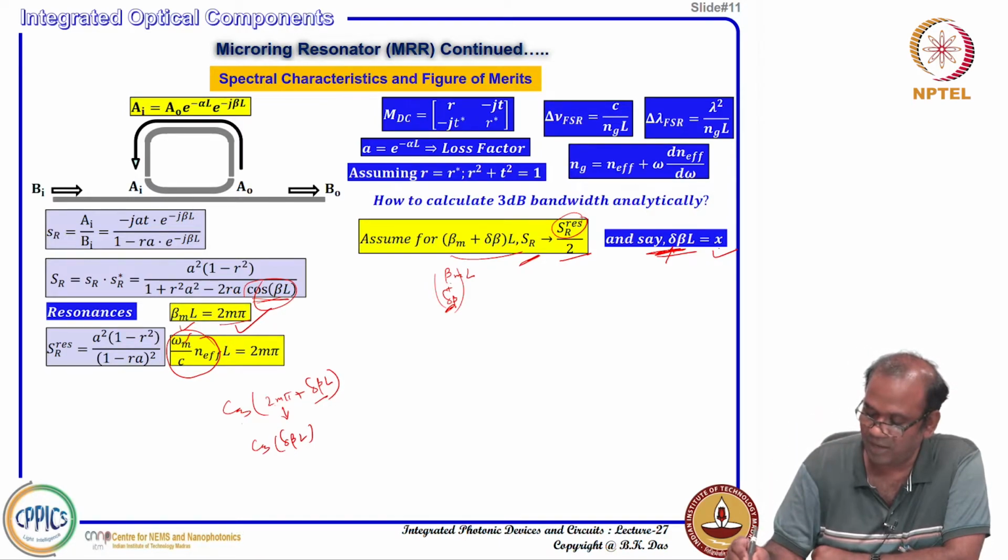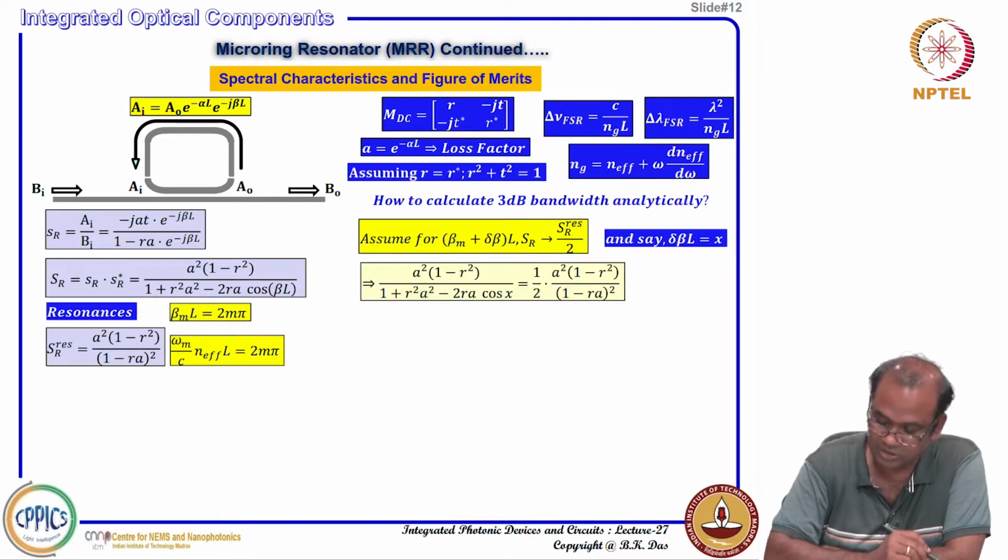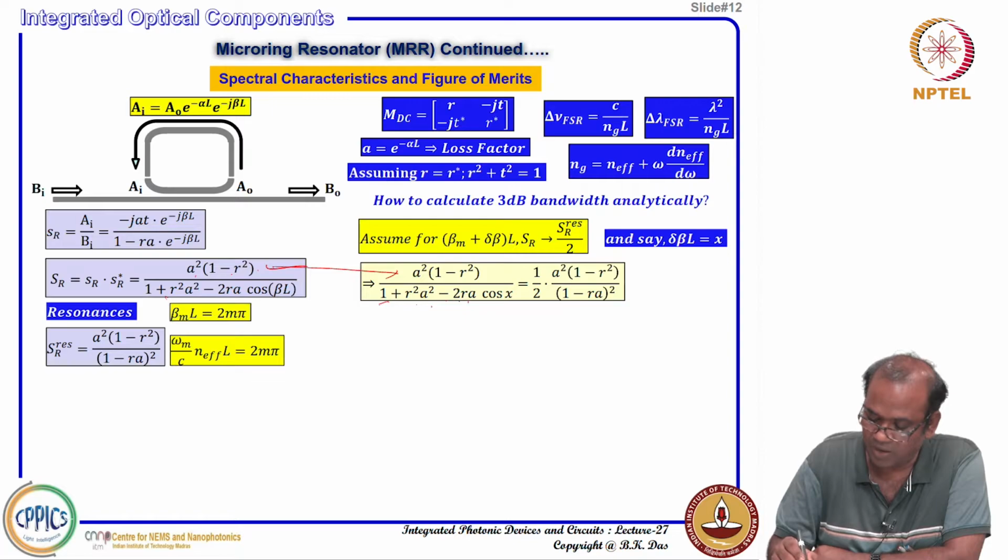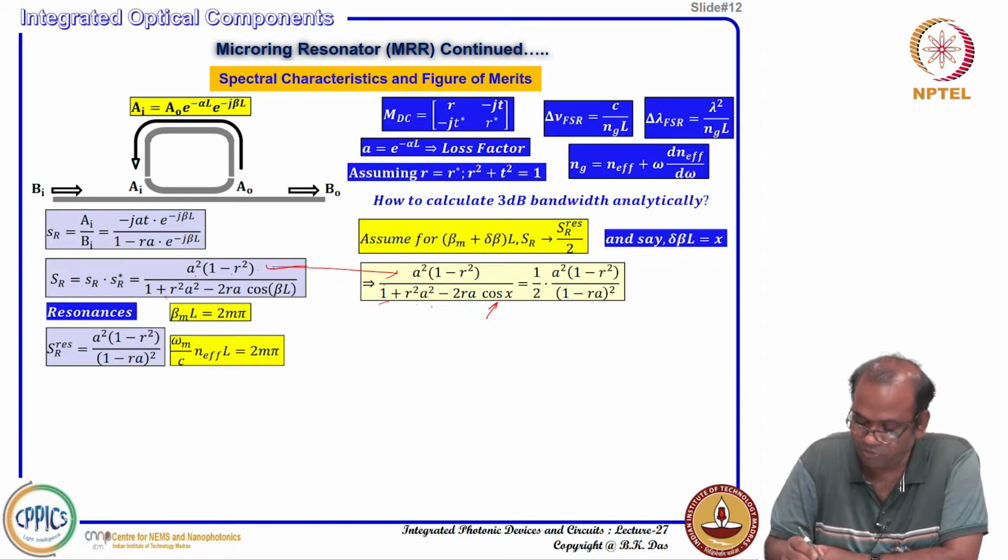So, I am just considering delta beta L equal to x. Note down: the numerator is a square times 1 minus r square, which I have written here, and the denominator is 1 plus r square a square minus 2 r a. Instead of completely removing cos delta beta L at resonance, I have detuned a bit, and that detuning value is delta beta L equal to x.